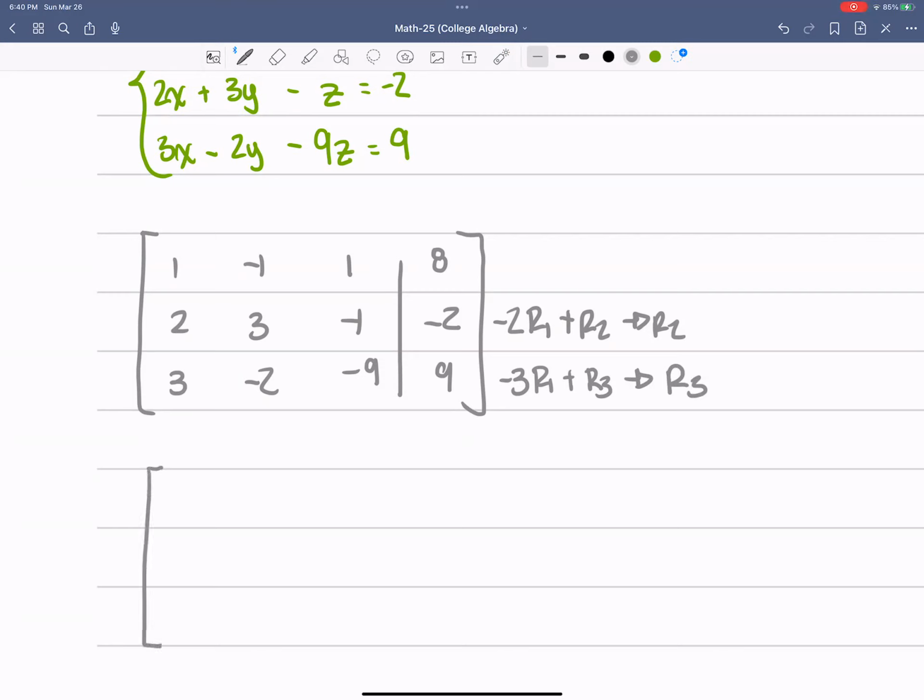So reading what we just did, we're not manipulating row 1, so let's just copy that one right here. And let's get going.